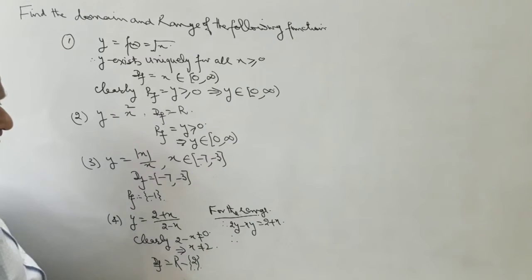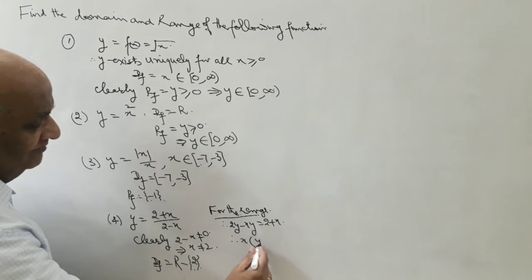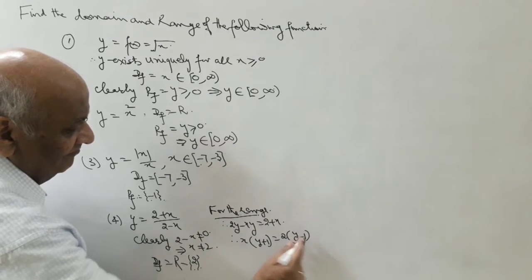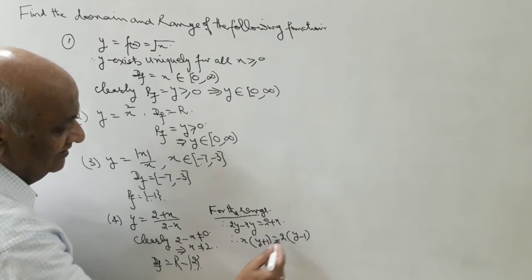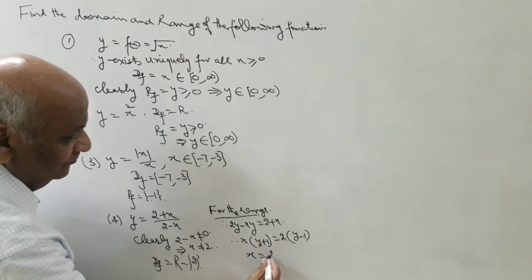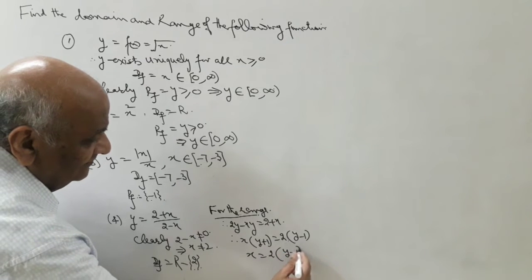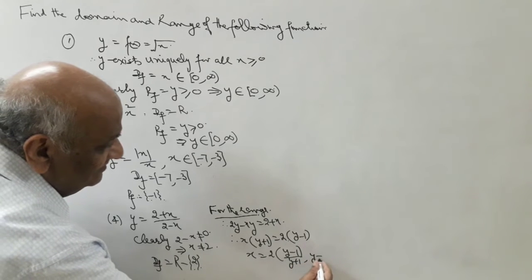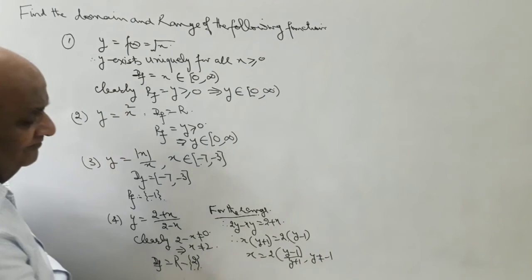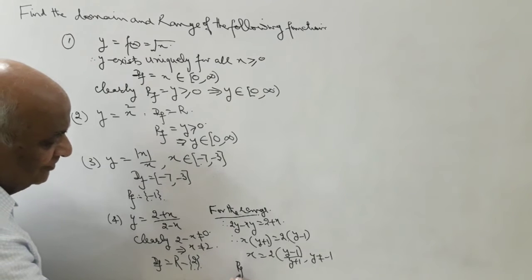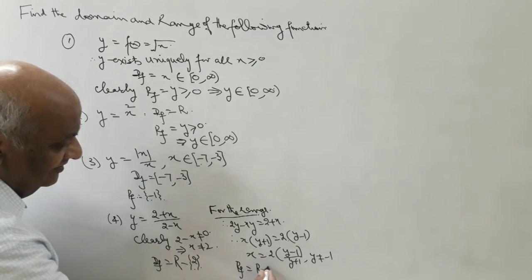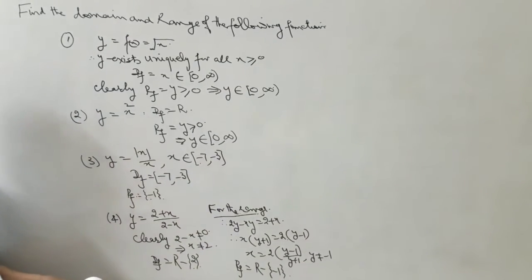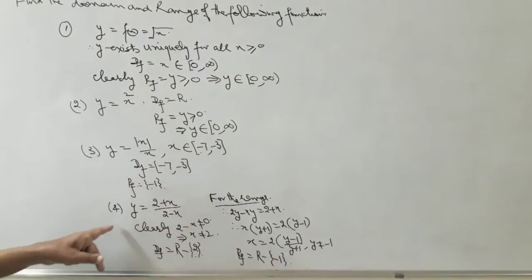Therefore, it is x into (y plus 1) is 2 into (y minus 1). x is equal to 2 into (y minus 1) over (y plus 1). Clearly, y is not equal to -1. So the range of this function is all real minus -1. Check out. Okay, this is for question number 4.